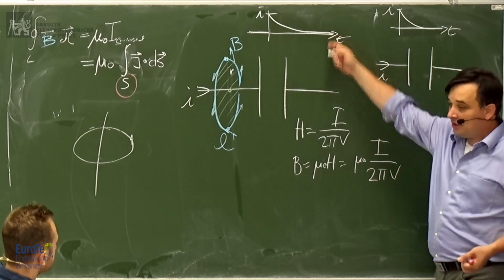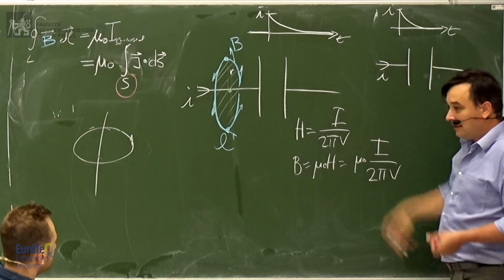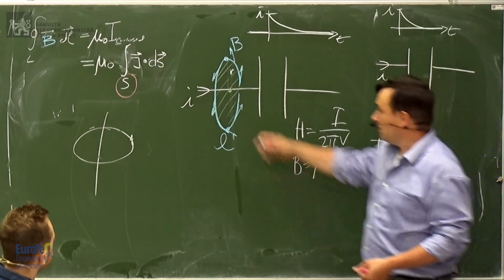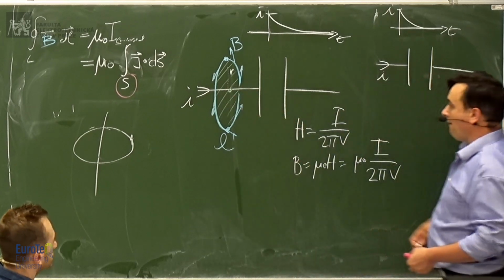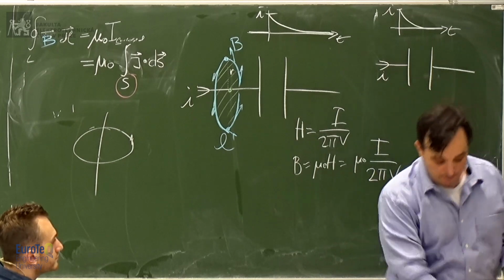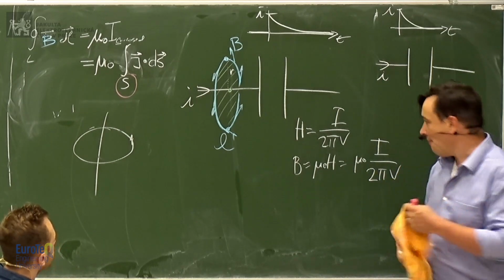This is just the same at a given distance r, the same shape. So you know there's a current, and the current generates this magnetic field. We are happy.